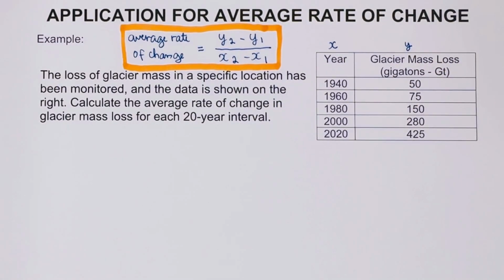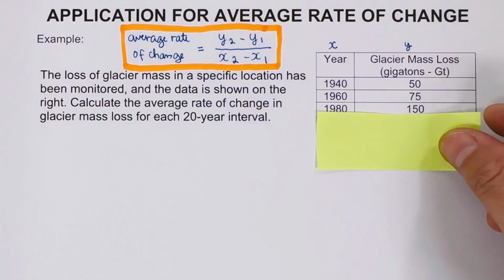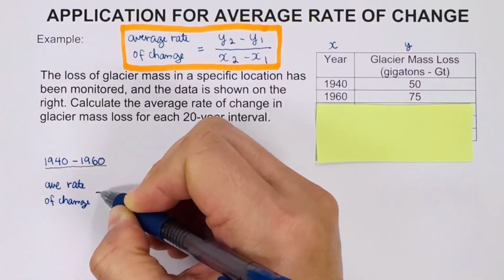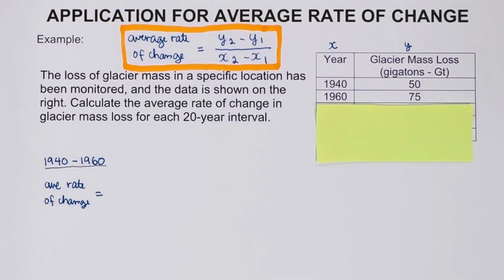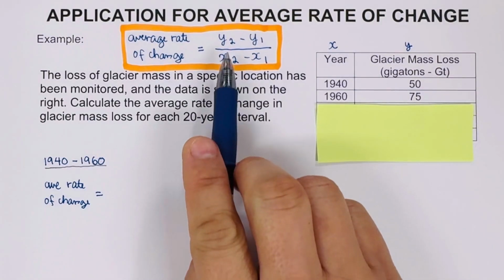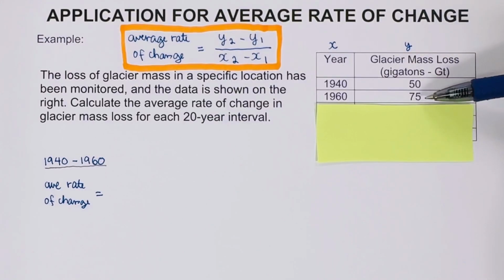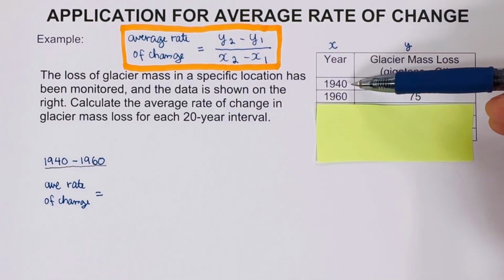Let's determine the average rate of change from 1940 to 1960. So we're not overwhelmed, we're going to cover the rest of the parts here. So for the average rate of change from 1940 to 1960, we say it's y sub 2 minus y sub 1. So we'll look at the column for the y. So this will be our y sub 1 and y sub 2, x sub 1, x sub 2.